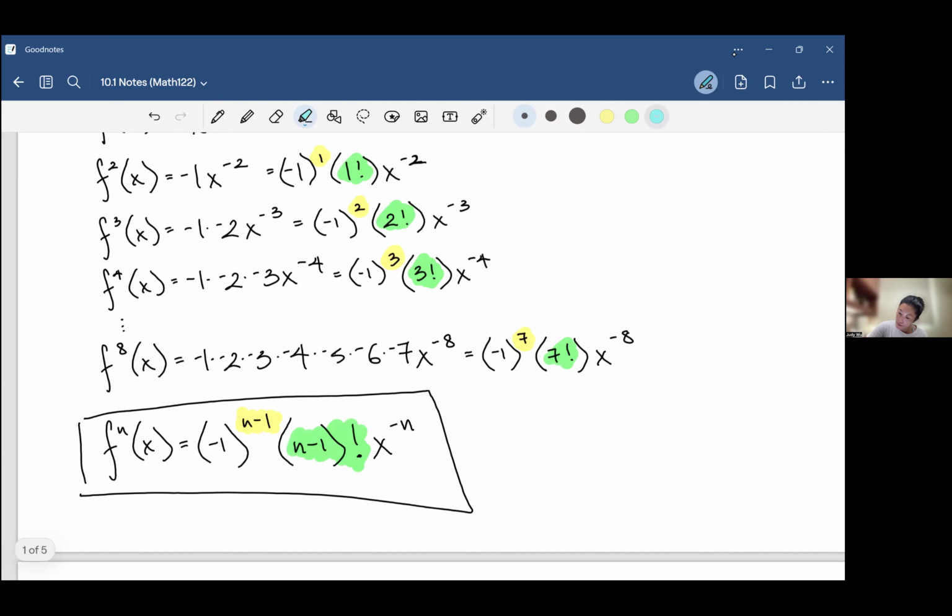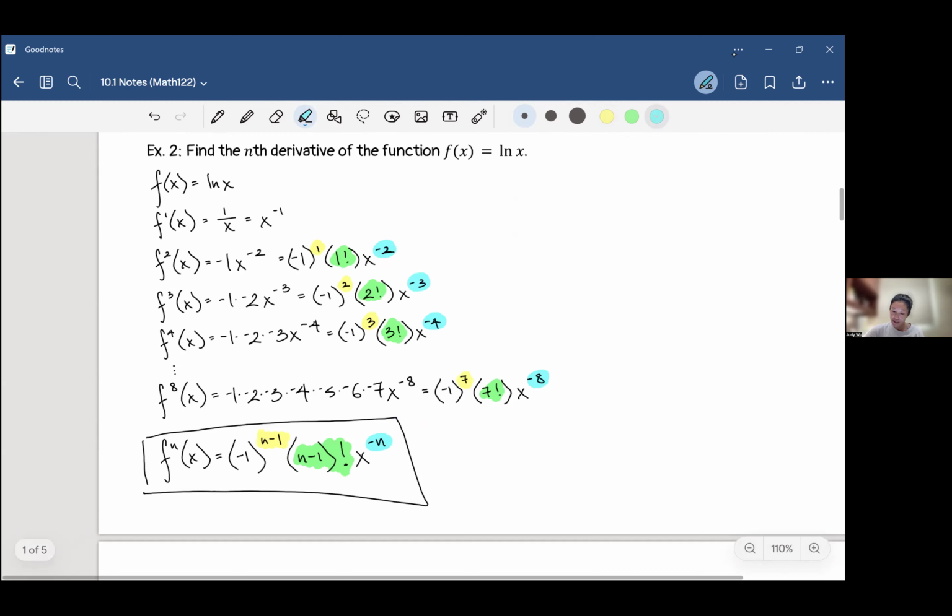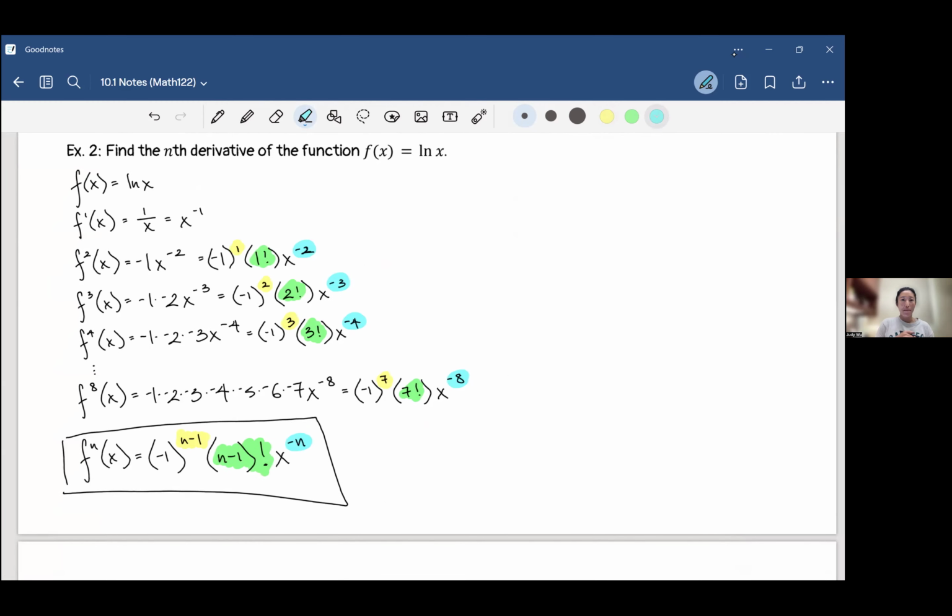And lastly, the powers are exactly the negative of whatever derivative I'm on. Okay, so let me get that question on one page for you, but this is how we find the nth derivative of our function, right? So give those homework questions a try. Let me know if you have any questions.